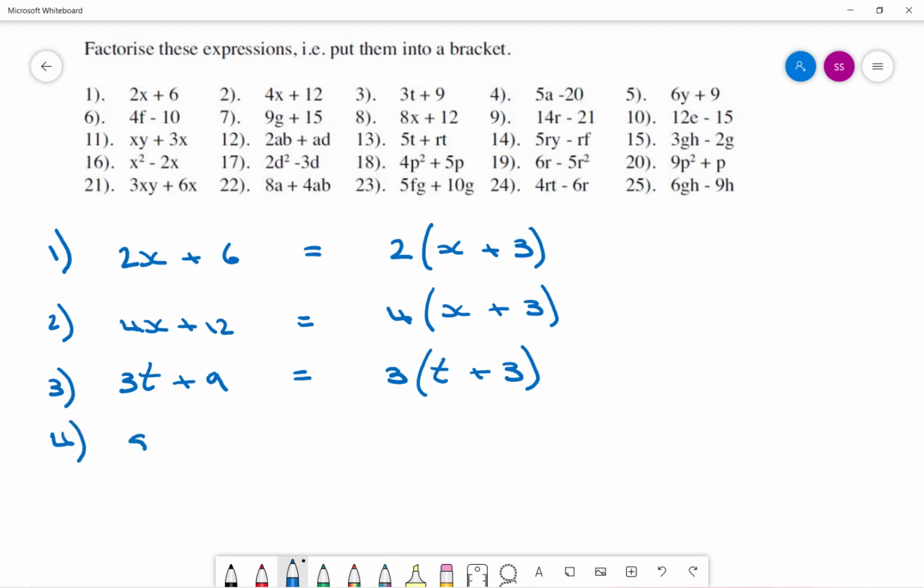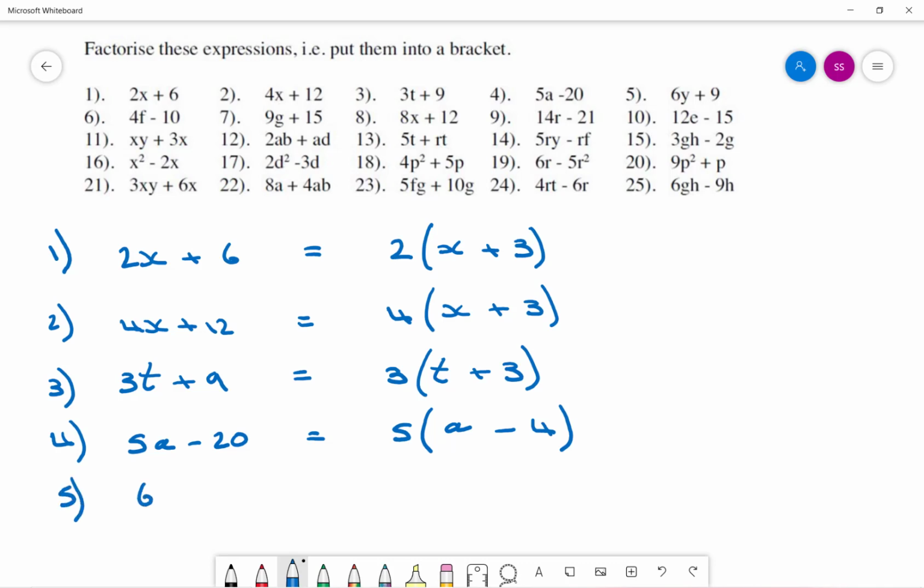For number 4, 5a minus 20. My common factor here is going to be 5. 5a divided by 5 leaves just a. Minus 20 divided by plus 5 gives me minus 4, because again 5 times minus 4 is minus 20. Be careful with the negative.